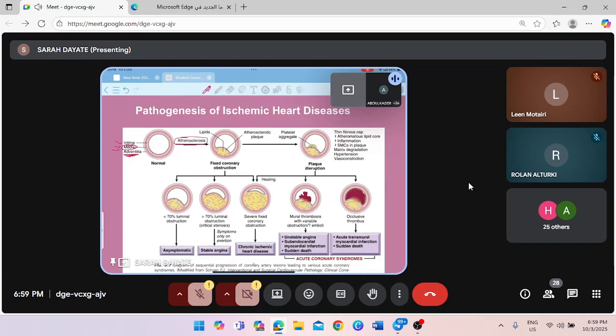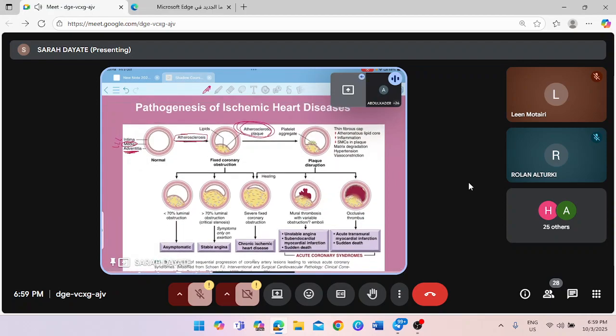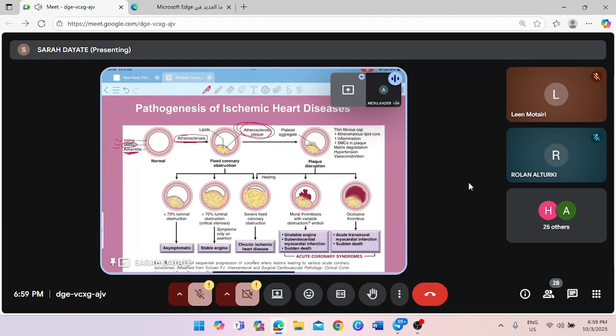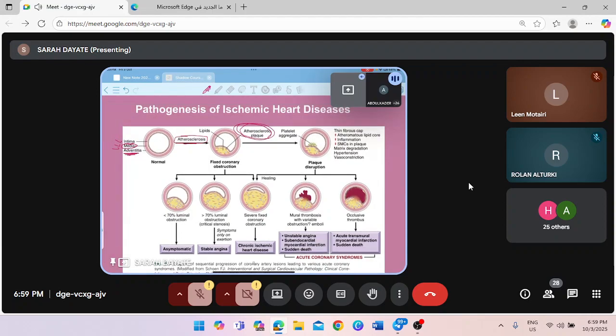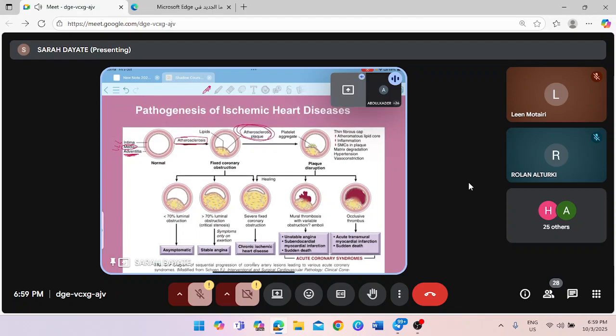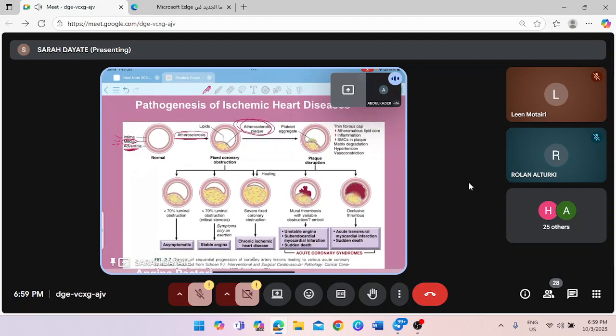We call it an atherosclerotic plaque. It is formed of cholesterol and other molecules that can be concentrated. The risk factors can be increased cholesterol levels in the blood, hypertension, which leads to vasoconstriction, diabetes, and aging. So many factors can lead to this risk.